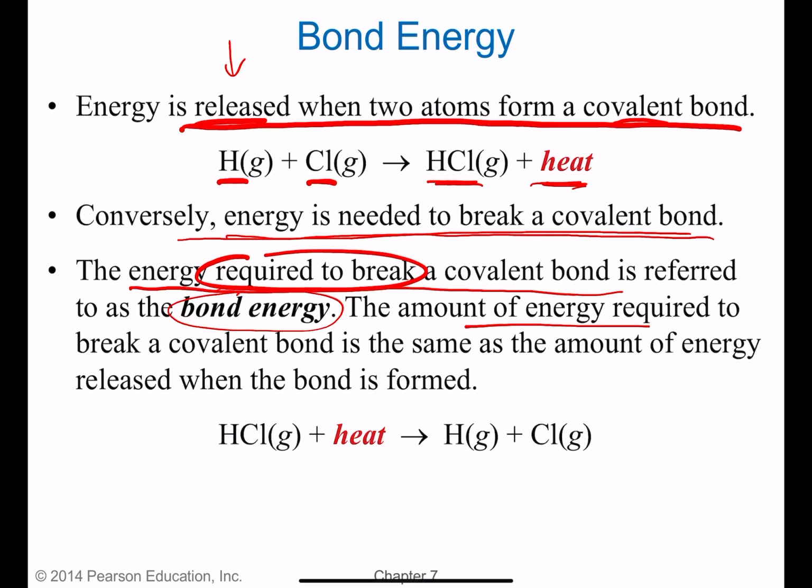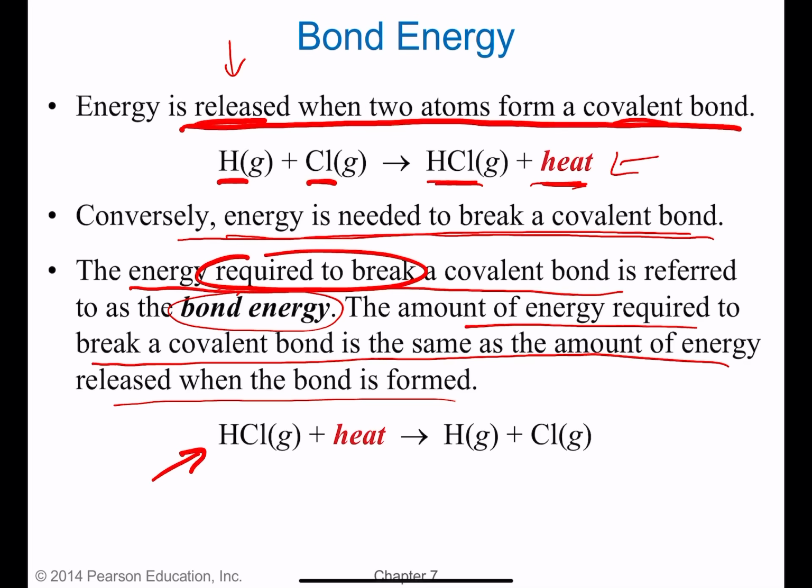The amount of energy required to break a covalent bond is the same amount of energy released when the bond is formed. So here, this reaction is just the reverse of the first one. And here, heat is written as a reactant because heat is required to break this bond between the hydrogen and the chlorine. So breaking bonds requires energy, and forming bonds releases energy.